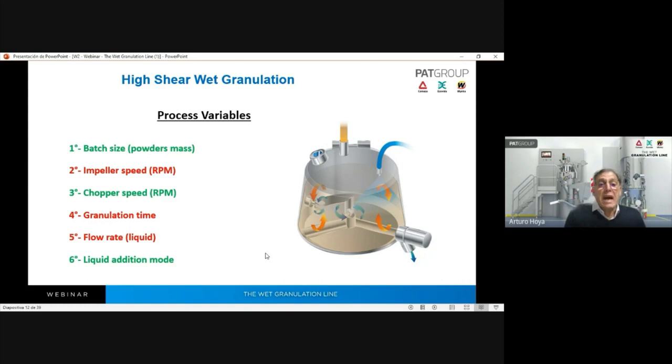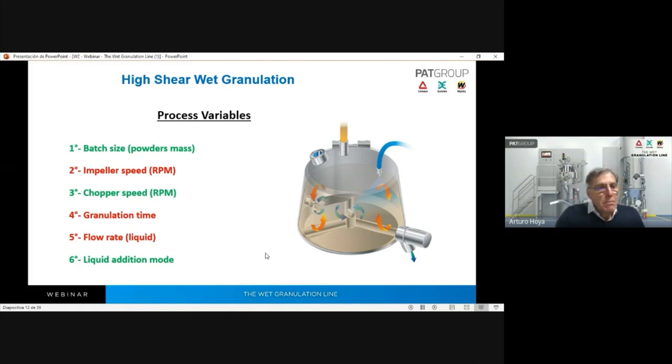The granulation time is very important because it's critical to avoid over-granulation. And the flow rate is important because the flow rate and the droplet size could impact the shape, the particle size distribution, and the porosity of the granules.